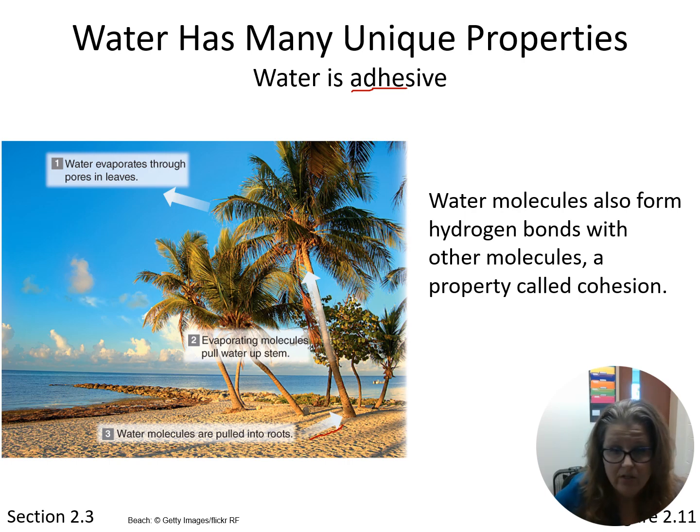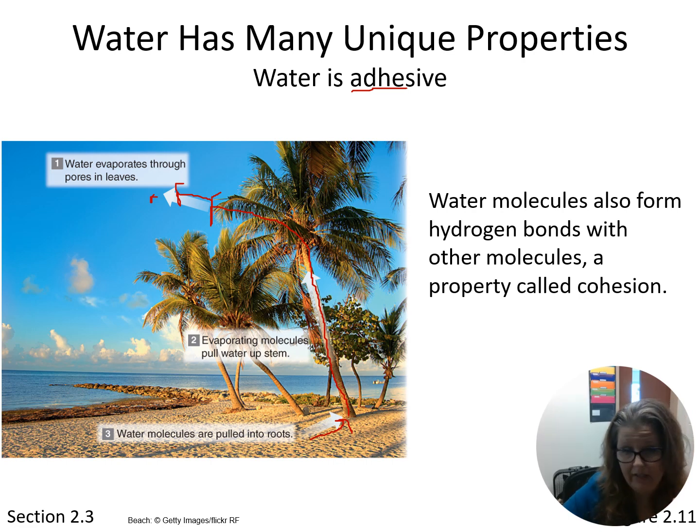Water molecules go into the roots and they get pulled up the stem and out through the leaves. As water evaporates, it actually pulls the next one through. So when a water molecule evaporates, it's going to pull one up to its spot, and it's a chain reaction that pulls more and more.